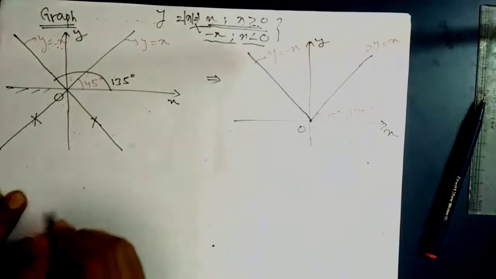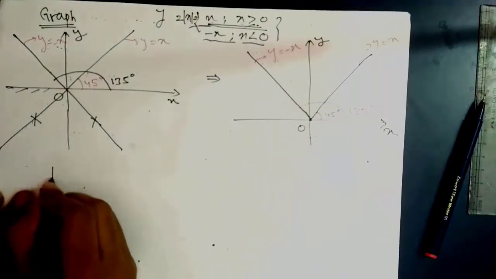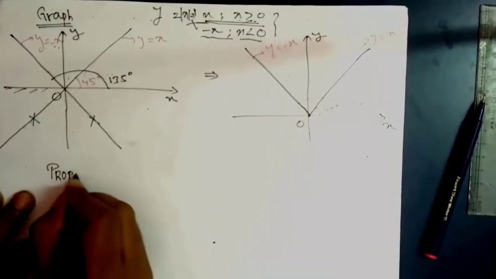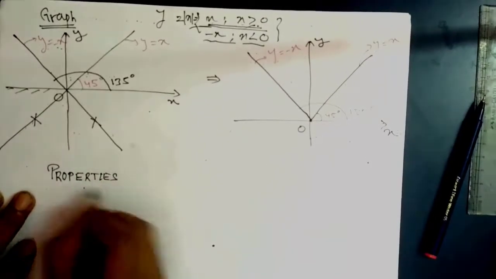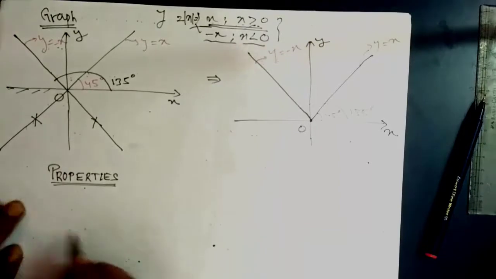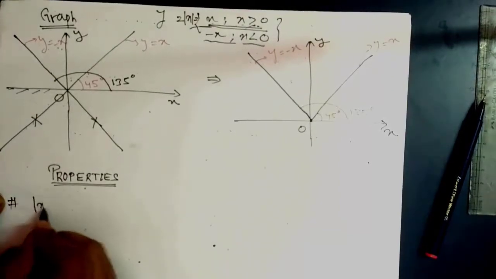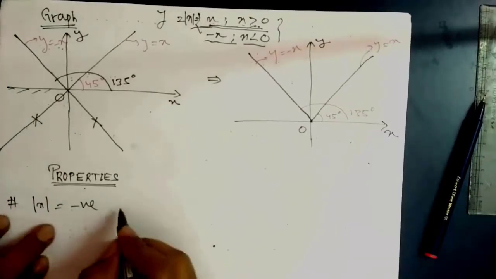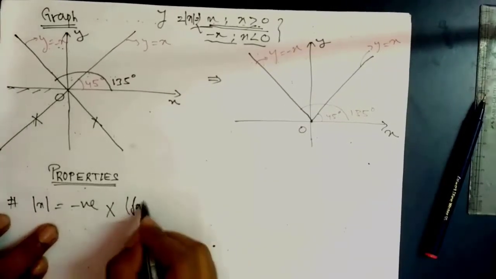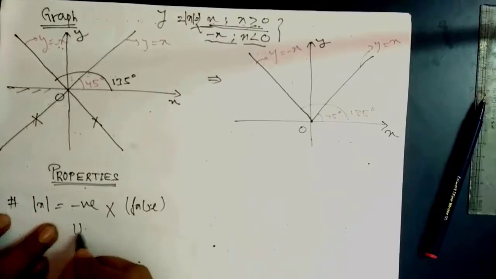Okay, so let's move ahead now. Let's deal with properties now. Whenever you see mod of x equal to a negative value, then you should write that this is not possible. It's a false statement. It will not give any real solution.